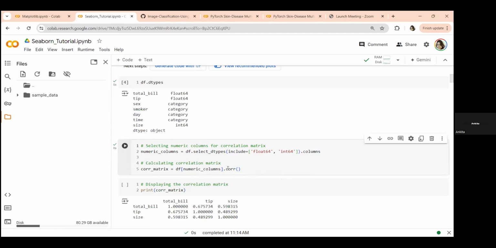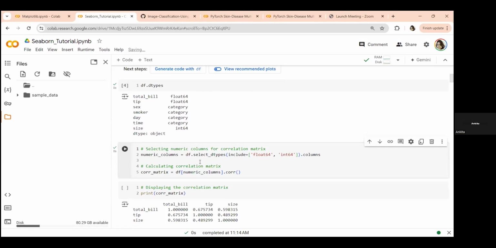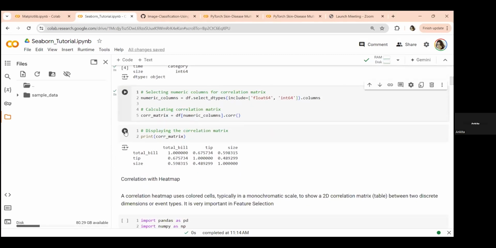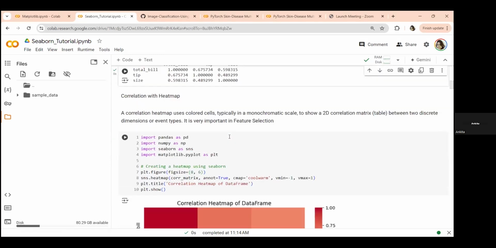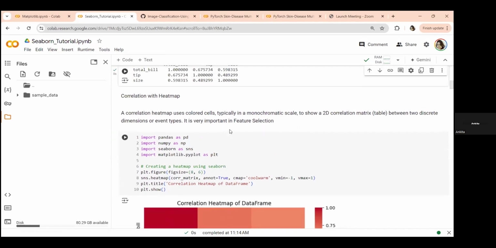For that, we write this code: df.select_dtypes, a built-in function, to select the features, and then we calculate the correlation between them. Here we are printing the correlation matrix of these three features.